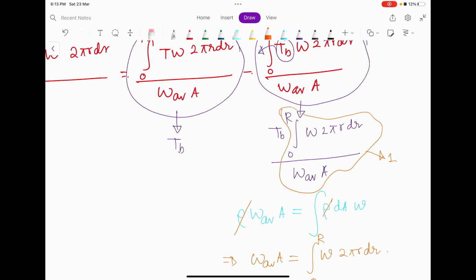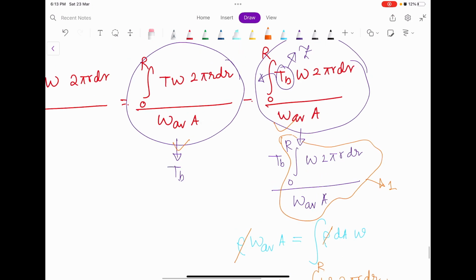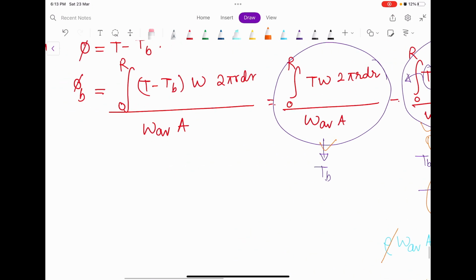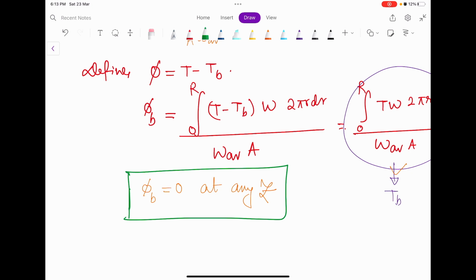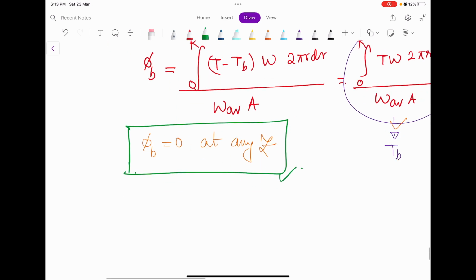So this term is Tb, that term is Tb, that means this is 0. So phi b is equal to 0 at any z. This is a very important conclusion. So phi b equal to 0 at any z, that means d phi b/dz is equal to 0.